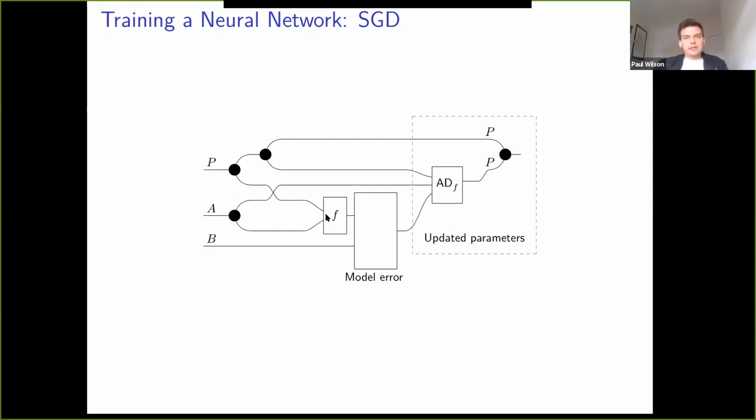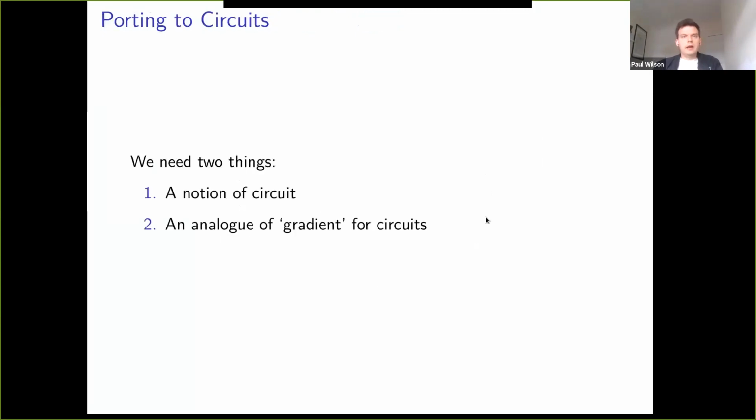You feed your parameters and your input data into the model, and you see how the model's prediction compares to the true label. And you take the difference, and then you feed that difference into automatic differentiation, which tells you how you should change your parameters to more accurately reflect the example you were just showing. And automatic differentiation basically just computes the gradient of your model.